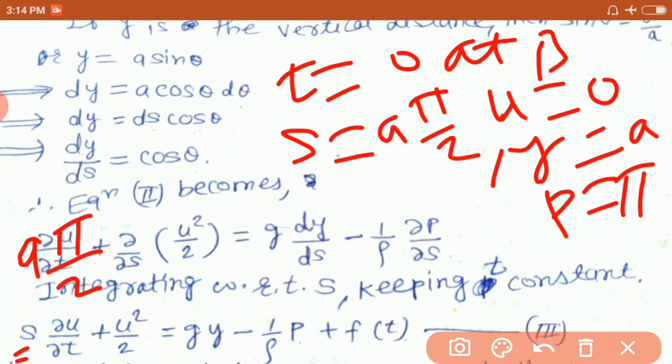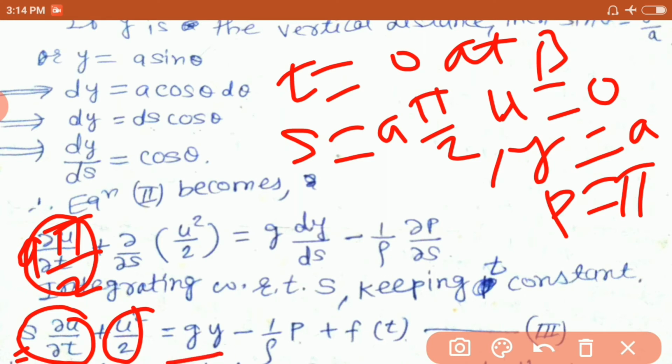u is 0, so this will be 0, means this will also be 0. Again this 0. y is equal to a, and this is ga. So this 0 is equal to ga minus 1 by rho as it is.